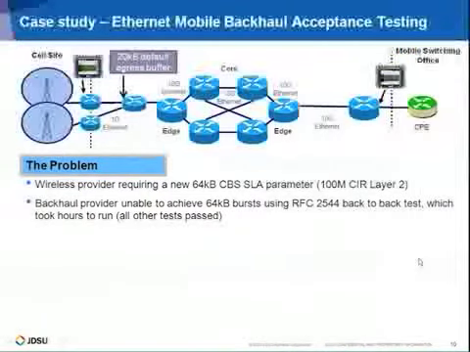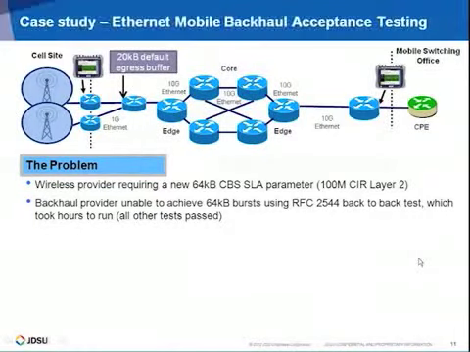So I want to share with you a real case study that we participated in with a Ethernet backhaul provider in North America. So this backhaul provider was running their regular SLA verification tests before handing the service over to the wireless customer. And this wireless customer included a new SLA parameter for CBS.